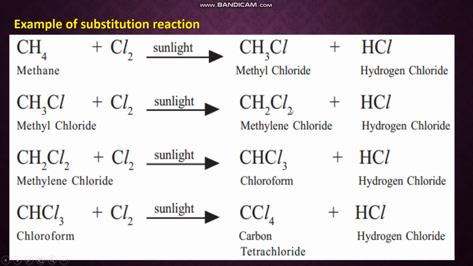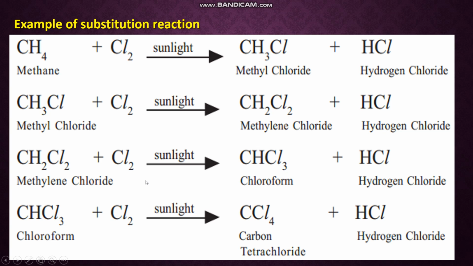The IUPAC name, or what we learned as nomenclature. IUPAC means International Union of Pure and Applied Chemistry. So according to IUPAC nomenclature, it is dichloromethane. 2 chlorine added to methane, dichloromethane, or it is also called methylene chloride. This is a common name.